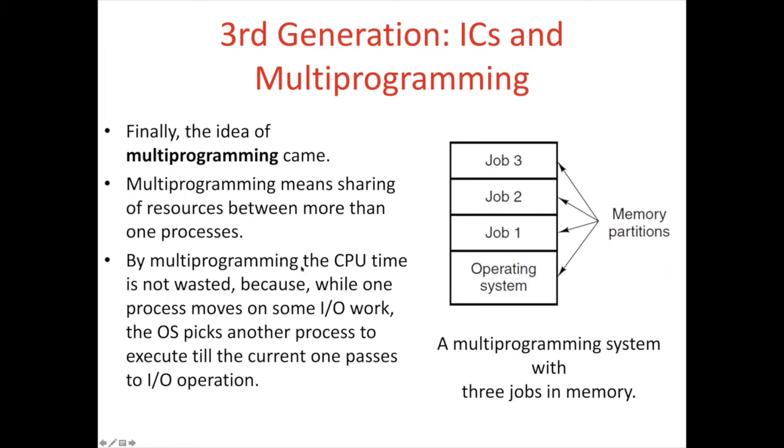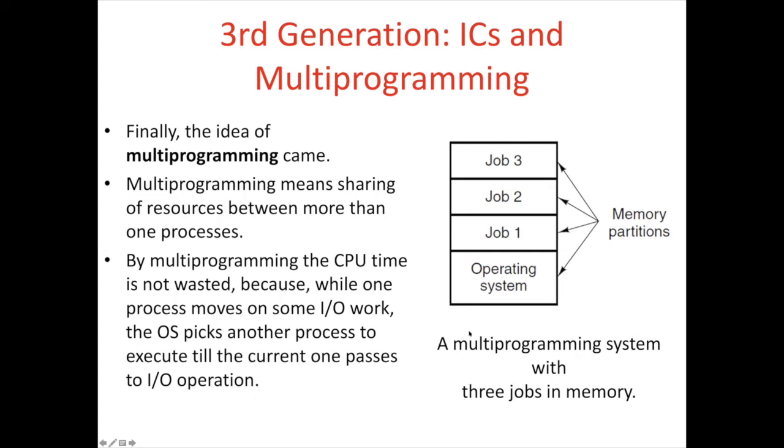By multi-programming, the CPU time is not wasted because while one process moves on some input-output work, the operating system picks another process to execute till the current one passes to input-output operation.